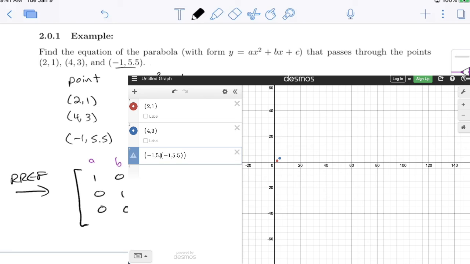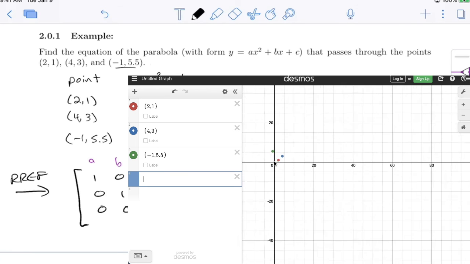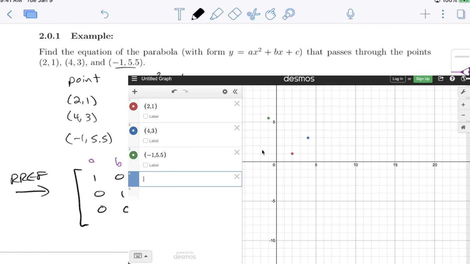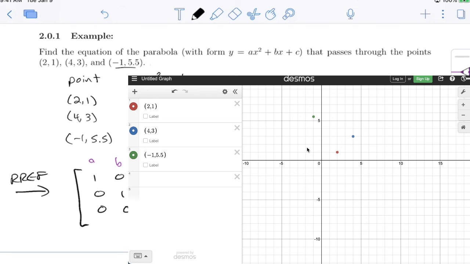Why is Desmos giving me trouble? Negative 1, comma 5.5. All right, so those points there, let me zoom in so we can actually see them. So there's a unique parabola, at least one that opens up or down, that passes through those 3 points. And it should be the one that we found up here.